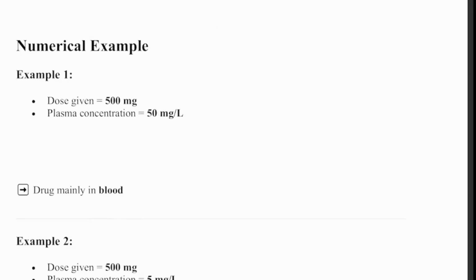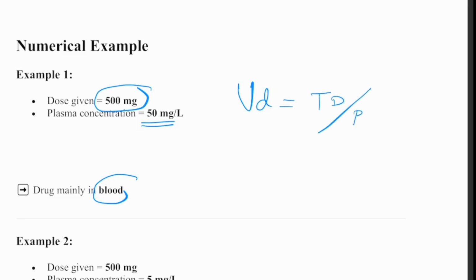So example 1, we are given 500 milligram of a drug. Plasma concentration is 50 milligram per liter. So the drug is mainly in the blood. So volume of distribution is calculated by the formula Vd is equal to total drug divided by plasma concentration.